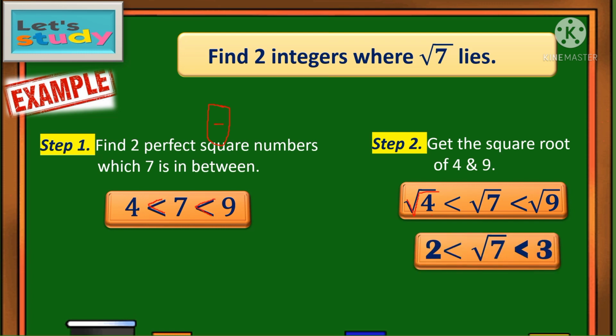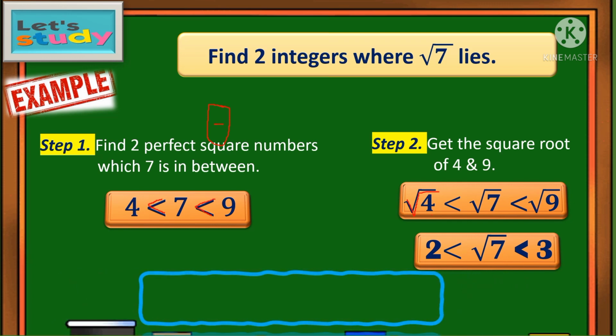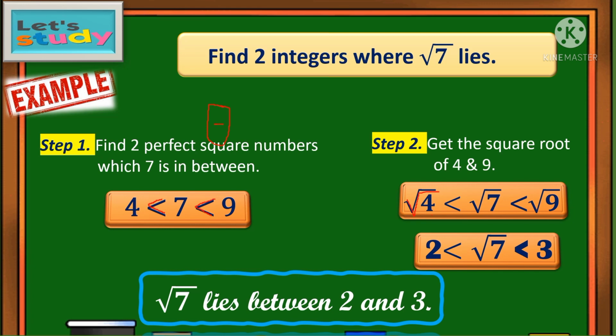And si 9 ay perfect square din. So, that is 3. Therefore, si square root of 7 ay nasa gitna ni 2 at tsaka ni 3. So, that must be 2 point something. Nandun lang siya. Therefore, square root of 7 lies between 2 and 3.